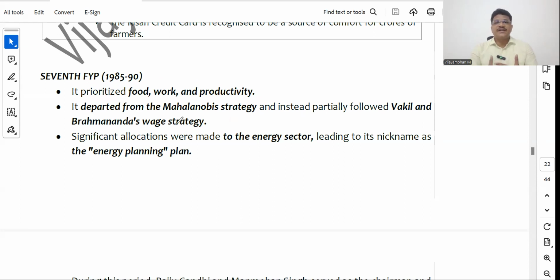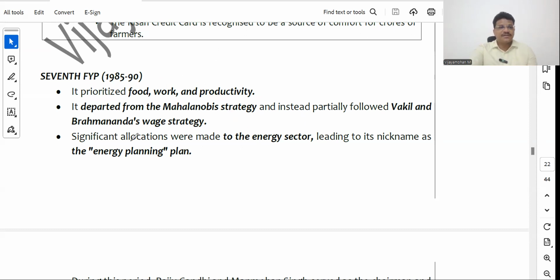The Mahalanobis strategy focused more on capital-intensive and big industries, right? Whereas the Vakil and Brahmanandam strategy focused on wage goods, not capital goods, right? We will see it. That is the basic difference.